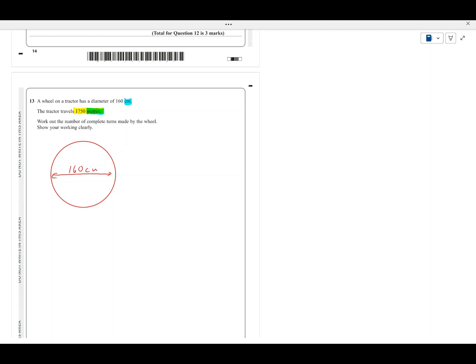Work out the number of complete turns made by the wheel. Well, let's work out how far the wheel would go in one turn. In one turn, I'm going to need to know the circumference of the wheel. C equals pi d. So the circumference of the wheel is pi times 160. That's going to be in centimeters, of course.